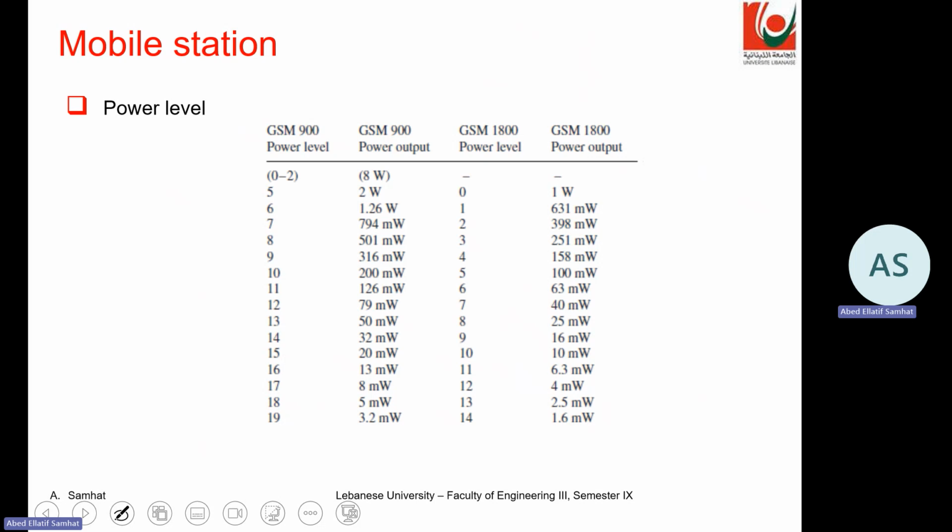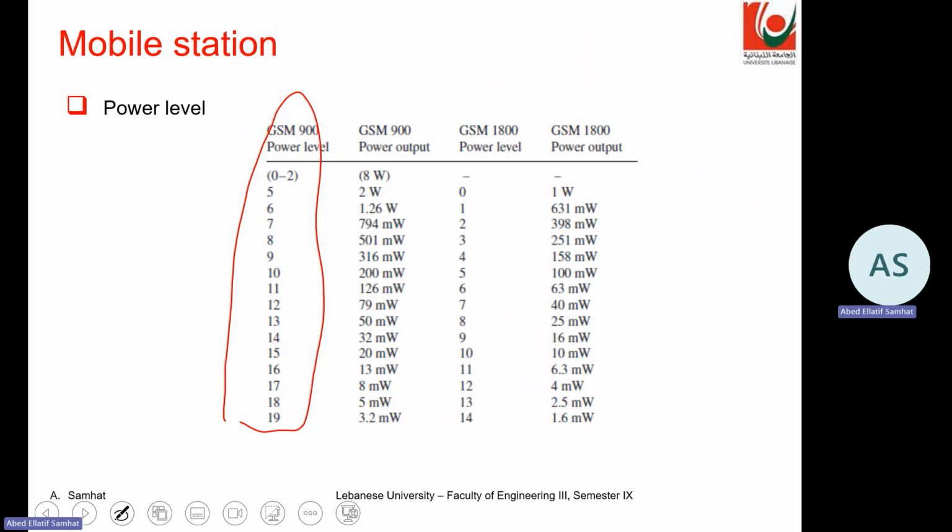What are the power levels adopted at the mobile station, at the device? In GSM, those are the values. So typically the power is between 0 and 2 watt, but we are not using the exact value, we are using levels. This will allow us to send, for example, a few bits in order to specify the level of power.